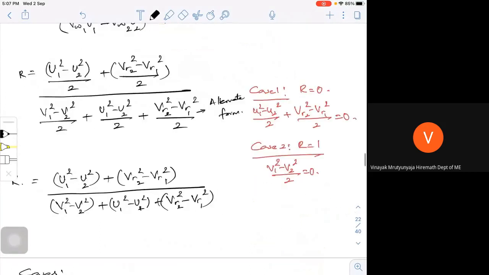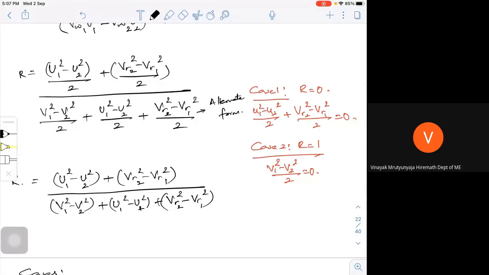What about your degree of reaction for a compressor? I have to write it as (U2 square minus U1 square plus VR1 square minus VR2 square) by 2, divided by (V2 square minus V1 square) by 2 plus (U2 square minus U1 square) by 2 plus (VR1 square minus VR2 square) by 2. So in all the expressions, it is always higher energy minus lower energy.